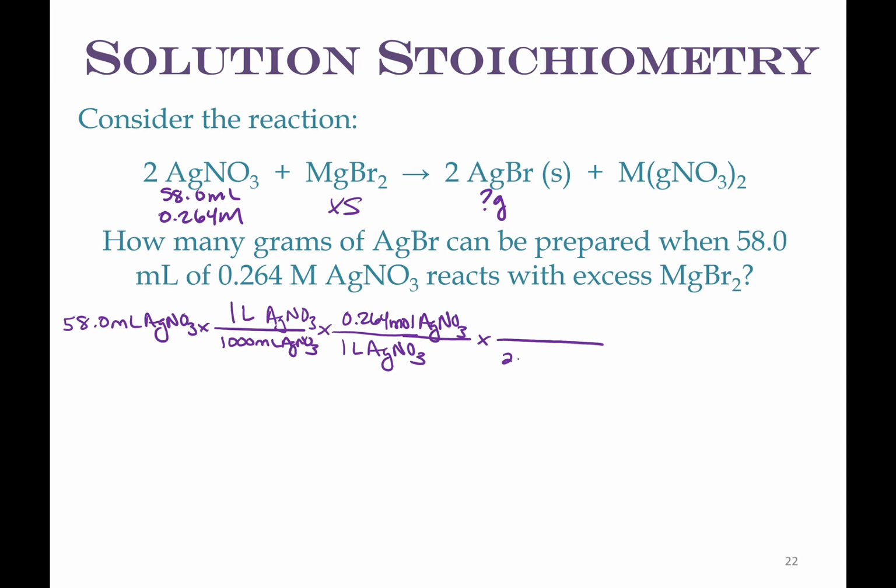And there are 2 moles of AgNO3 for every 2 moles of silver bromide that's formed. And 1 mole of silver bromide has a mass of, should have calculated that, 107.87 plus 79.9, 187.77.